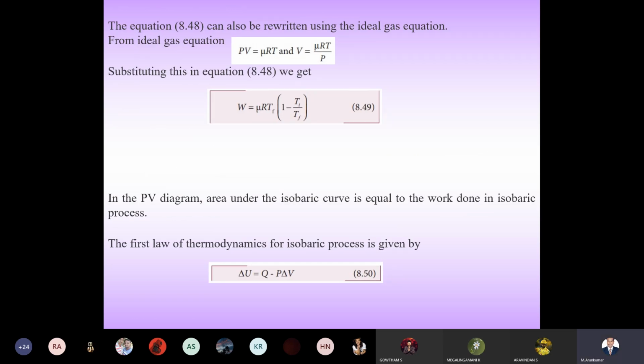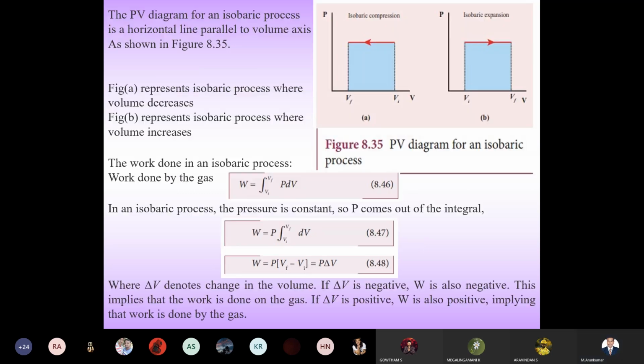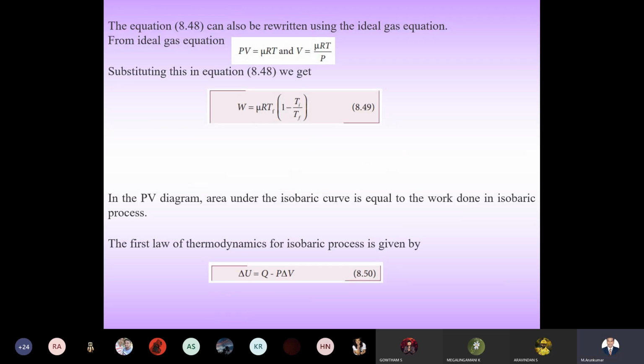Then we can take the common terms outside, and we have this equation equal to mu R Tf into 1 minus Ti by Tf. This derivation is given to you. Just derive this equation by substituting the value in equation 8.48. Then we can have this equation.